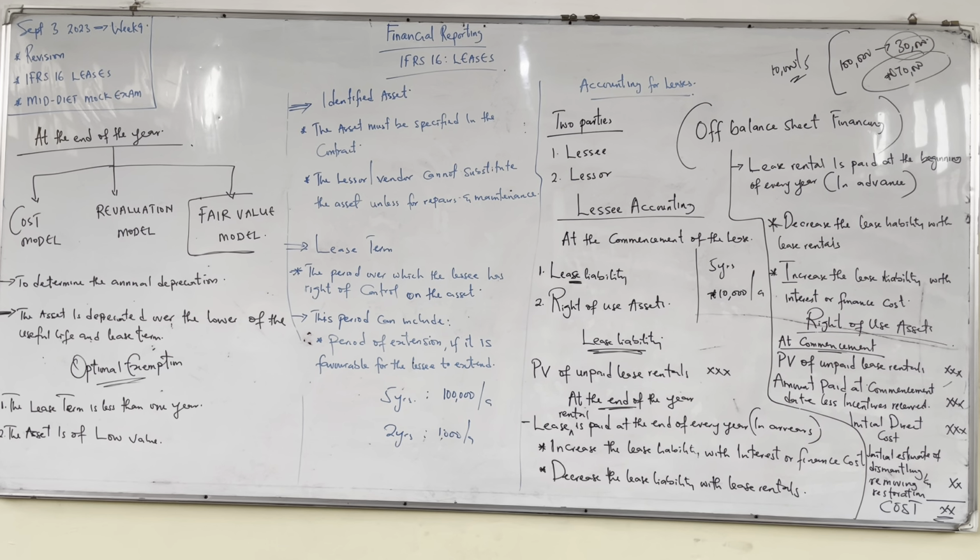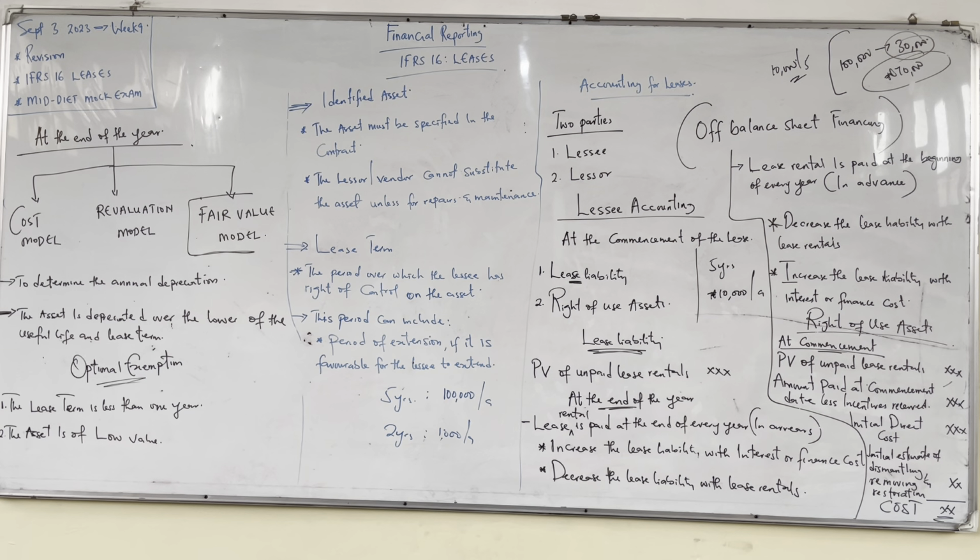Like maybe you lease a printer, even if it's for 2 years, it's low value. Or you lease a laptop, it's low value. You don't have to be doing all this because of a printer or a laptop. It should be something material. That's where materiality comes in again.